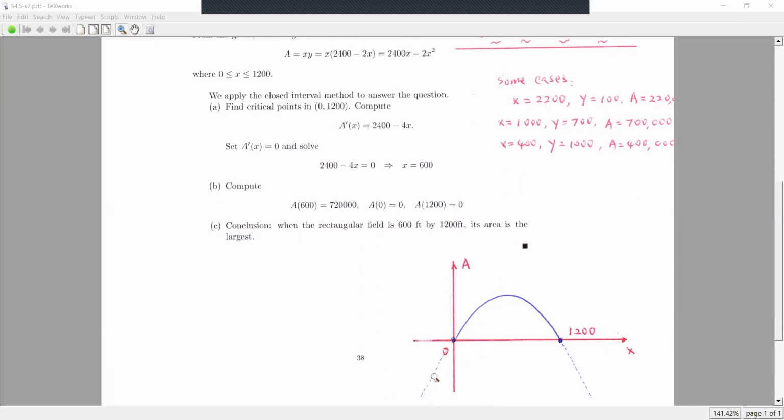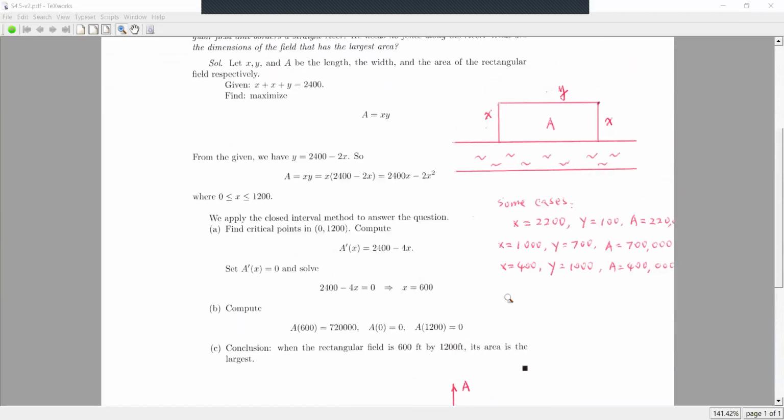So this is the whole graph of A. But we don't consider the whole graph of A. We only consider between 0 and 1200. Yeah. We only consider this portion. Now the question is, we need to determine the highest point. The highest point is here. Then what is the corresponding x? We need to determine x.